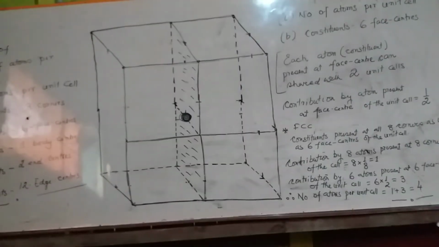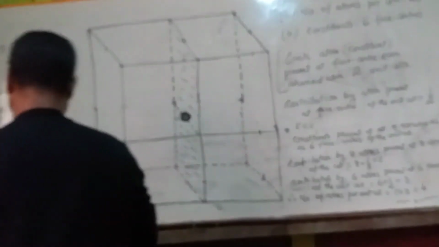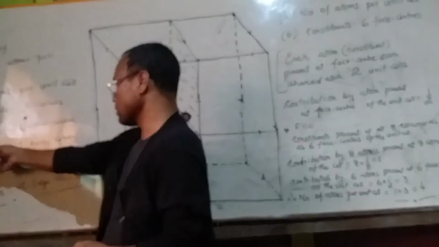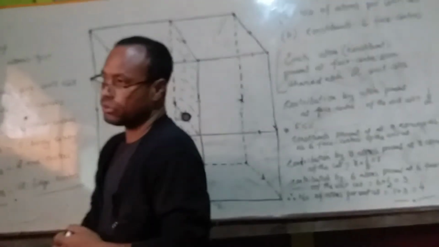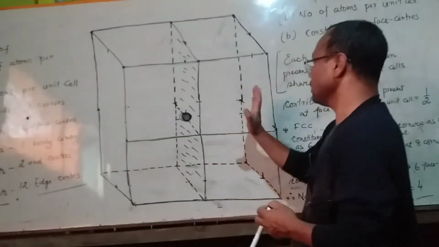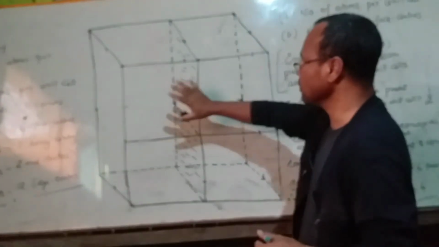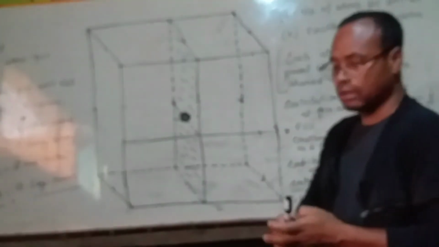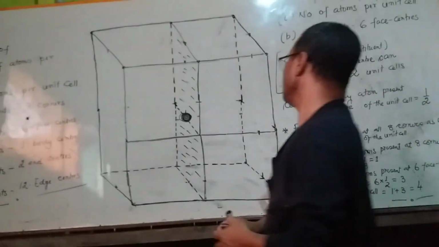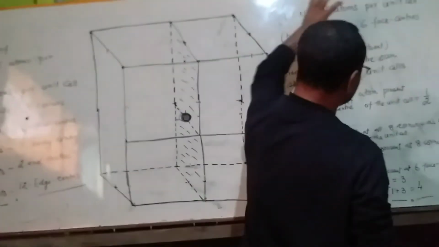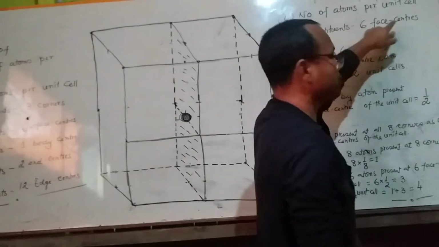Here is another number of atoms per unit cell, where the constituents are present at the 6 face centers. See, I show you the diagram here. This is just a simple diagram. See here we have 2 unit cells. So one unit cell, I show you this matchbox.